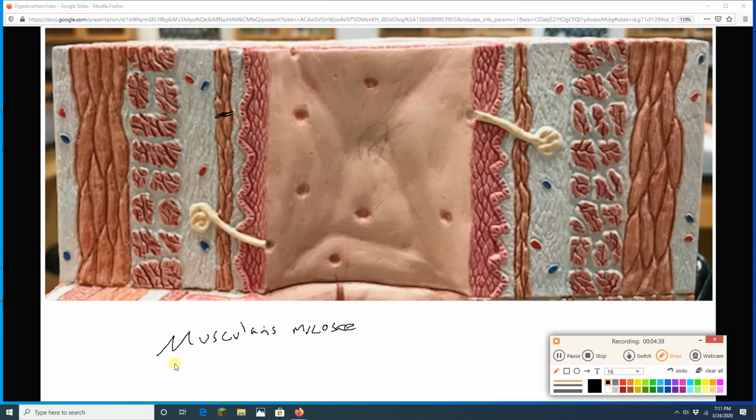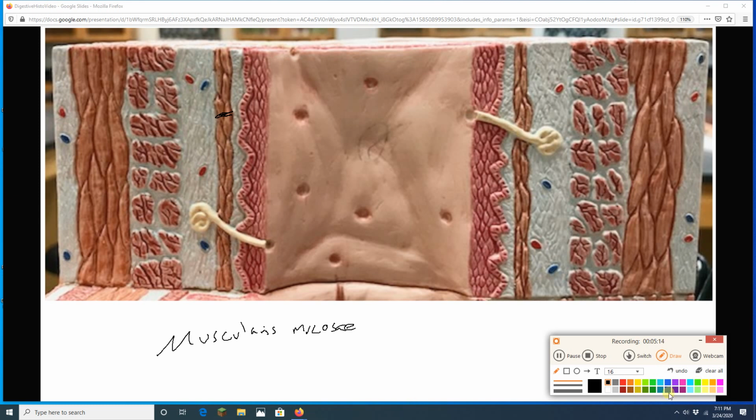This layer of smooth muscle, its job is to shake and wiggle and jiggle the lining of the esophagus so that stuff does not get trapped within mucus there. Now, those three basic sublayers are also found in the stomach, the small intestine, and the large intestine as well, which makes life a little bit easier. It's still not easy, but it's a little bit easier with this common setup.